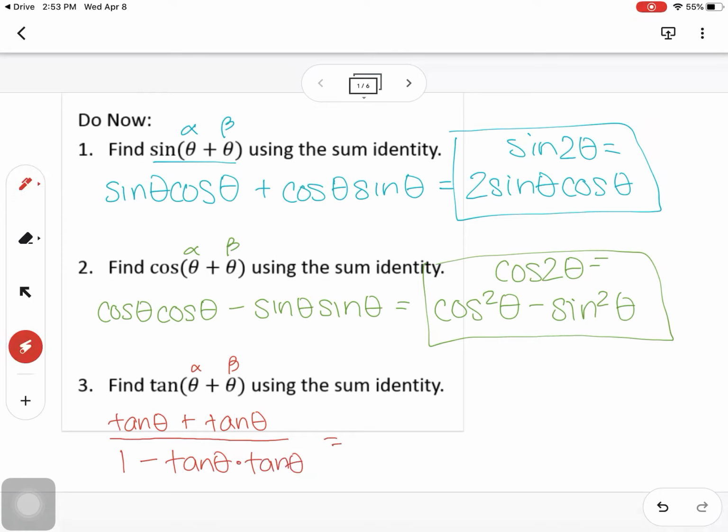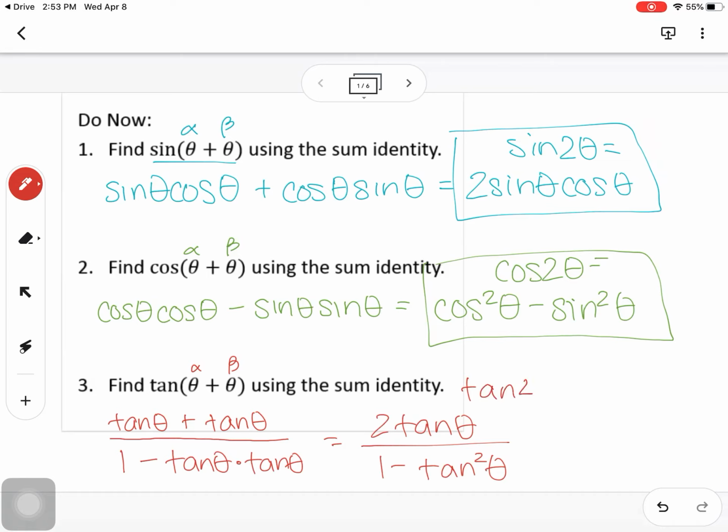If I do some of this condensing, this becomes 2 tangent of theta on top. On bottom, it's 1 minus tangent squared of theta. And again, theta plus theta is tangent of 2 theta, so your third identity is this one right here. Okay, I show you this so that you have the ability to derive it should you ever need it, and you know really where these came from because it didn't just come out of nowhere.